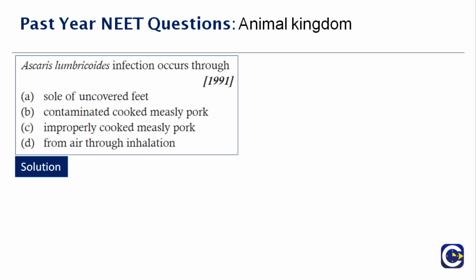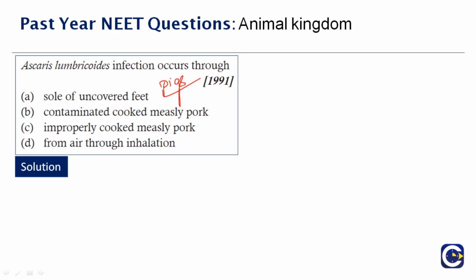As we already saw, they predominantly infect pigs and then humans, because when we eat improperly cooked pork, the eggs present in the pork survive the heat, and once they enter the host, they start to grow and multiply.